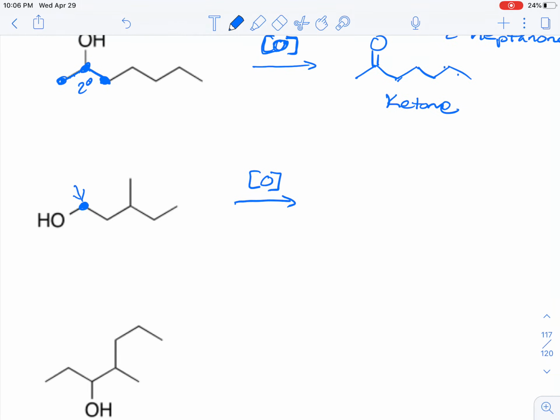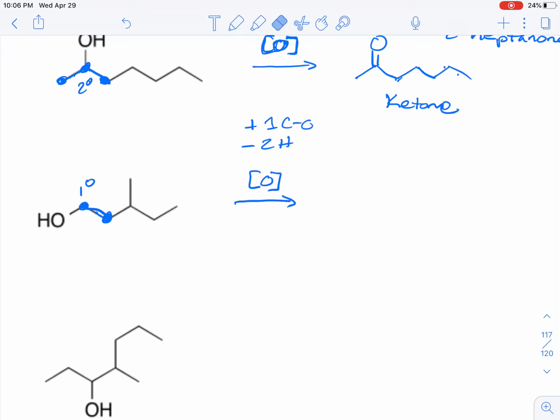This carbon is connected to one other carbon, so this is going to be a primary alcohol. And a primary alcohol, when it undergoes oxidation, is going to lose 2 hydrogens, and it's still going to gain one connection between carbon and oxygen.